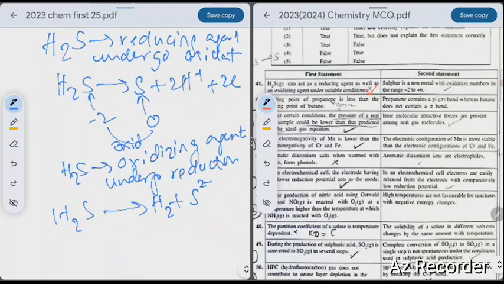Here we have to consider the oxidation number of H. This is +1, here it is 0. So it is reduced from +1 to 0. Therefore, H2S can act as a reducing agent as well as an oxidizing agent under suitable conditions.